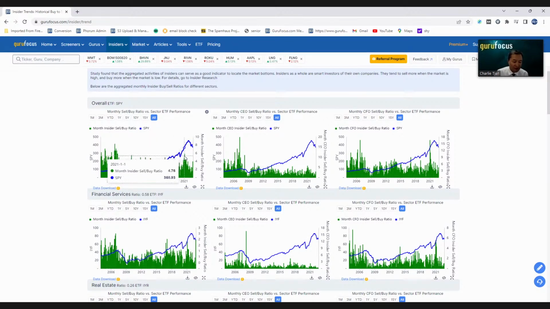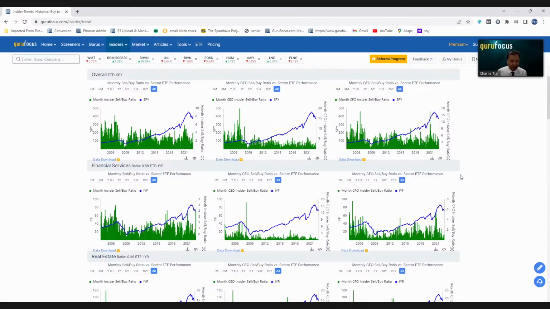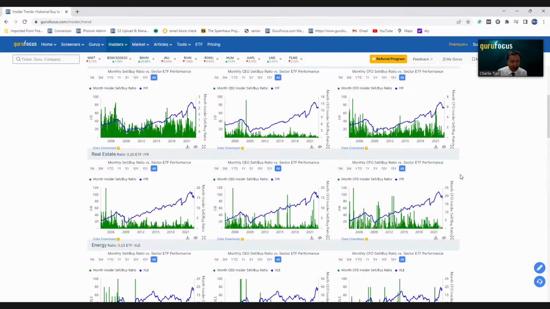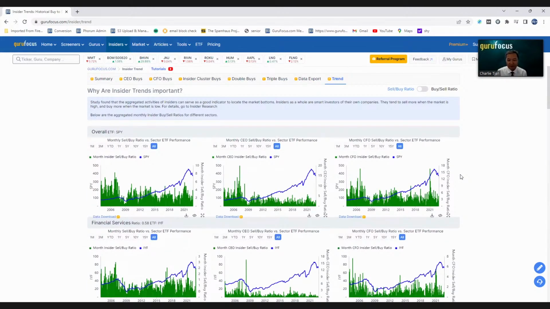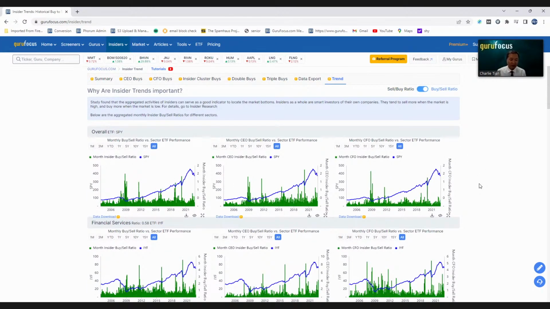Although they sold a little bit earlier than the market peak, it was still maybe a good time to sell. That's what we have found, and I hope that you find this page useful. I think it's a good indication of when to buy in the market.